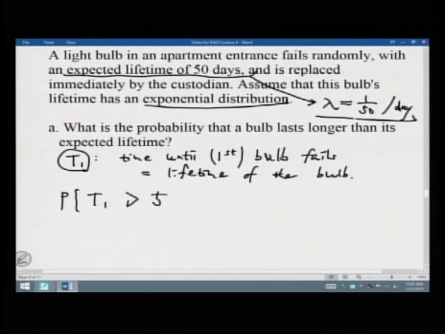So T sub 1 is greater than 50. That is e to the minus lambda t, right? Lambda is 1 over 50, t is 50. So I'd write down 1 over 50 times 50. So what is this? e to the minus 1.